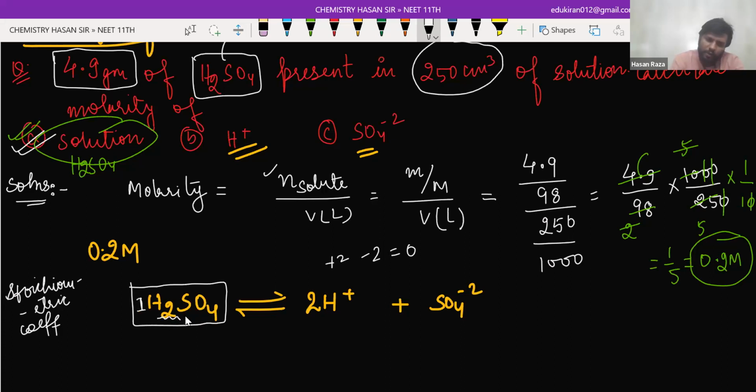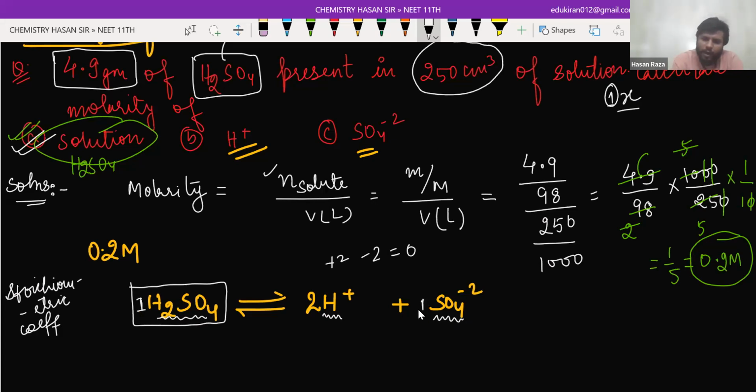I'm talking about H2SO4. If I ask what is the coefficient of x, that is 1. In chemistry we say stoichiometric coefficient, in maths you know it as coefficient. So what is the stoichiometric coefficient of H2SO4? 1. What is the stoichiometric coefficient of H+, Rishita? 2. And what is the stoichiometric coefficient of SO4 minus 2? 1.